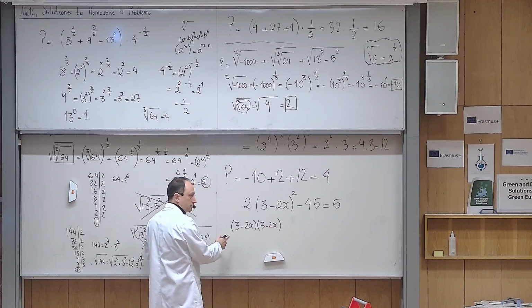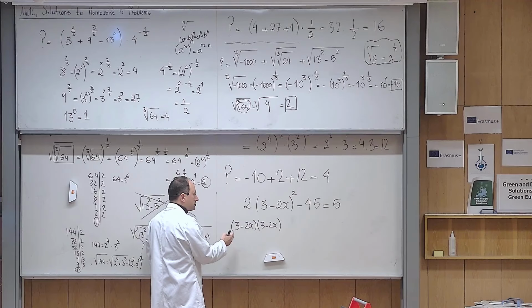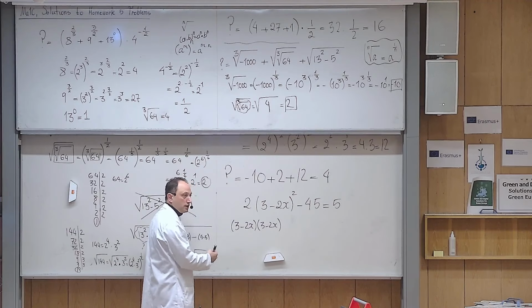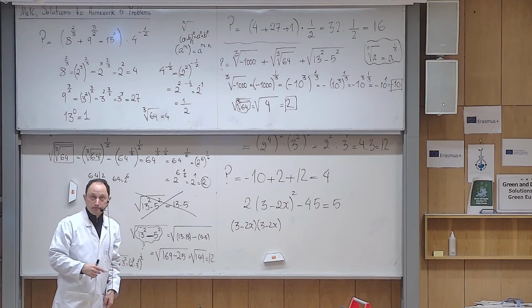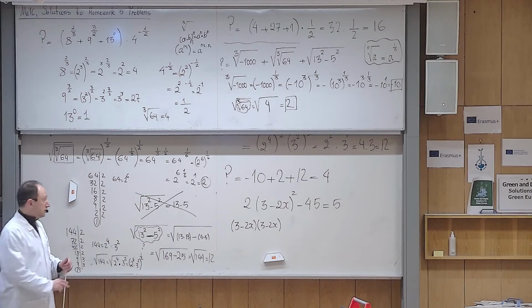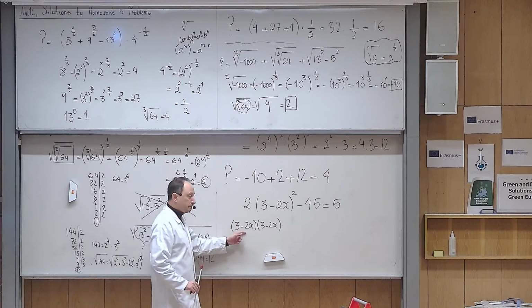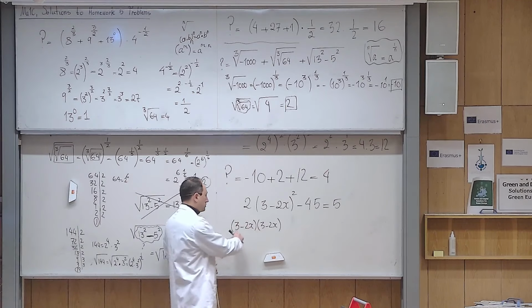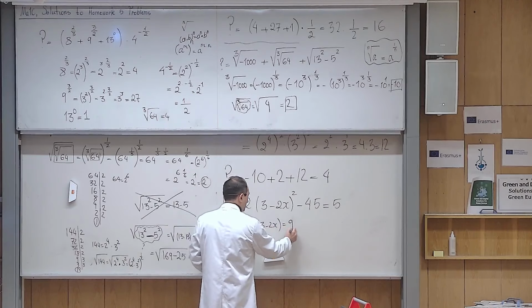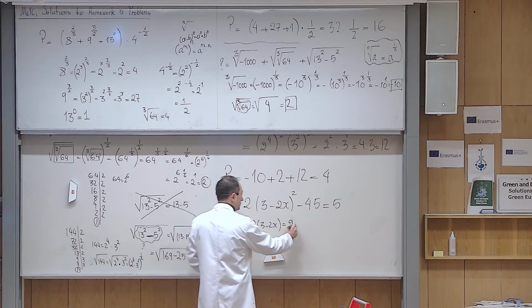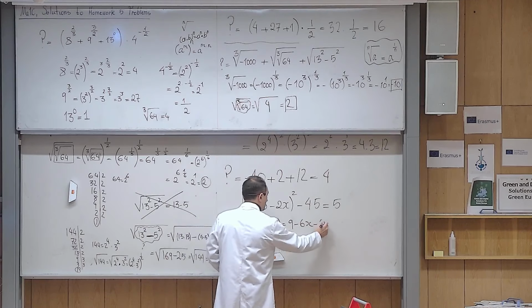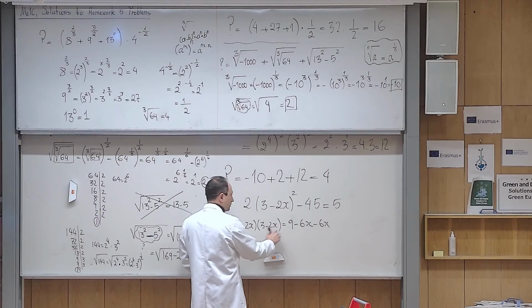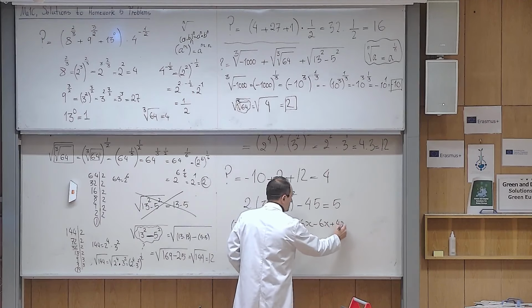That is correct. But the problem is that it becomes so hard, then you cannot solve it if you write it in that way. So now, if you do it in that way, it is not wrong. So it becomes 3 times 3, 9, 3 times minus 2x, and then this one also minus 6x, and then this one plus 4x squared. You see, it is not wrong.